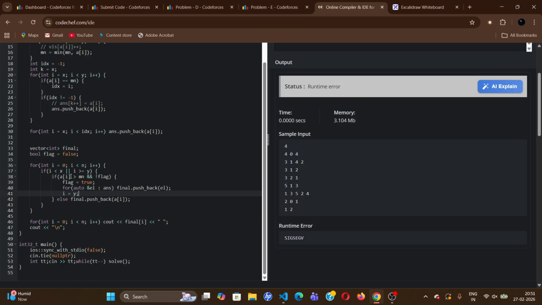Now less than x. It is outside that. Okay, it is outside that. Yeah, perfect. Less than, greater than mn. Now element in answer, answer dot pushback element.